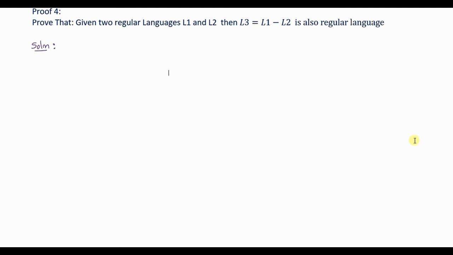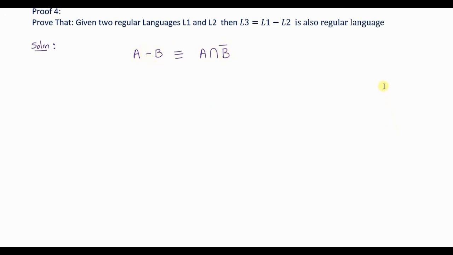So first let's go to the definition of what is A minus B. Set difference A minus B is actually equivalent of writing A intersection B bar. It simply means something that is present in A and something which is not present in B. Something which is present in A and it is not present in B, that comes in set difference.